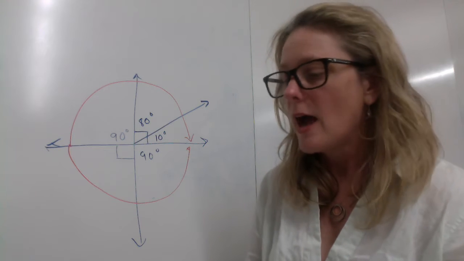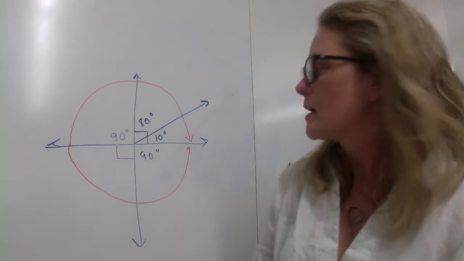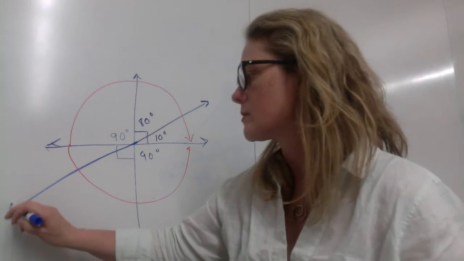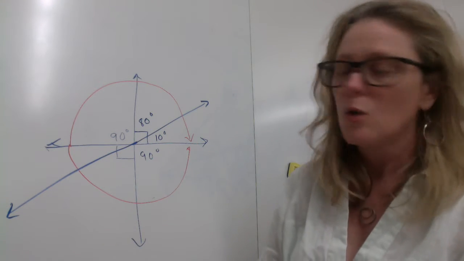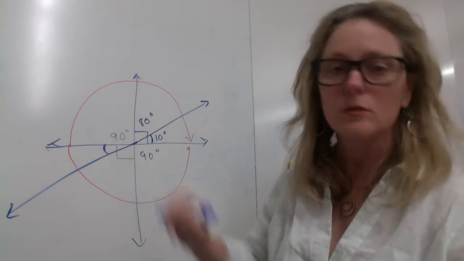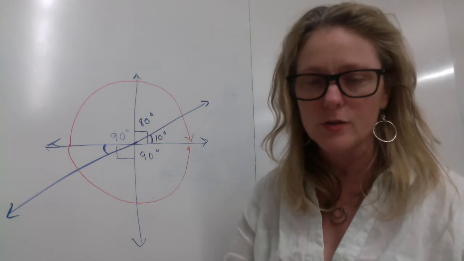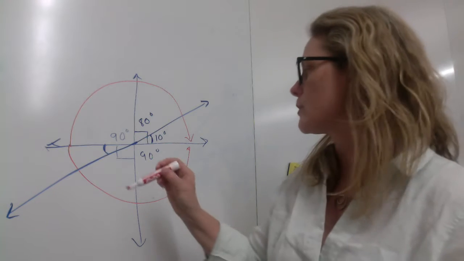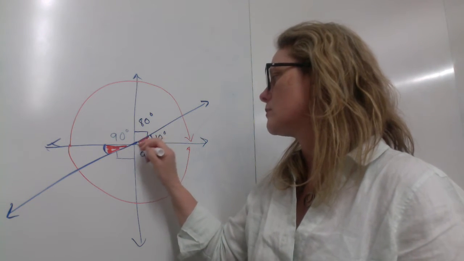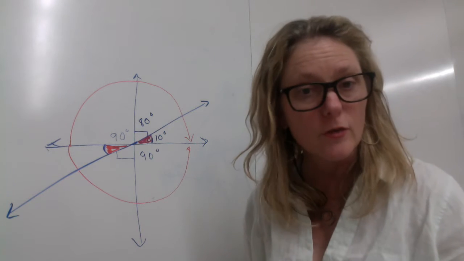Now what if, same token, I instead just extended this through? Well, this angle and this angle, a little bit hard to see with those colors, I'm going to kind of color those in. This angle and this angle are going to be vertical angles.